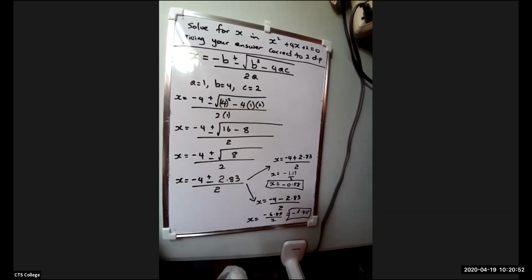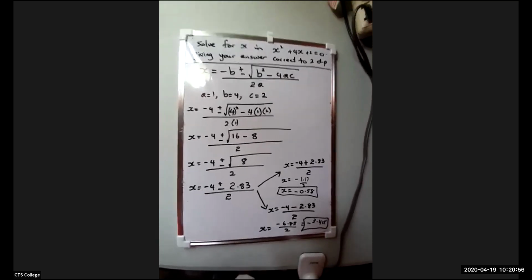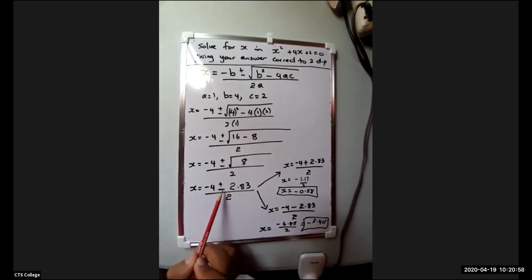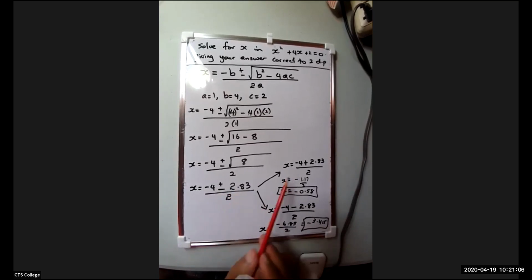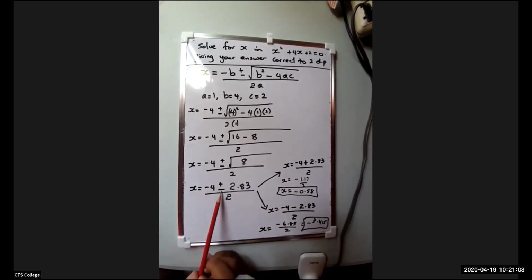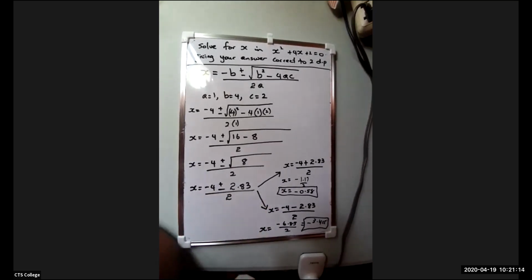That's a good question. You're supposed to have two values for x. One of the values will come from the positive aspect of it, and the next one will come from the negative aspect of it, the subtraction, right? Because one is negative 4 plus this over 2, which is this one here, and the other one is negative 4 minus 2.83 all over 2, which is this one here. So you will have two values for x, always.